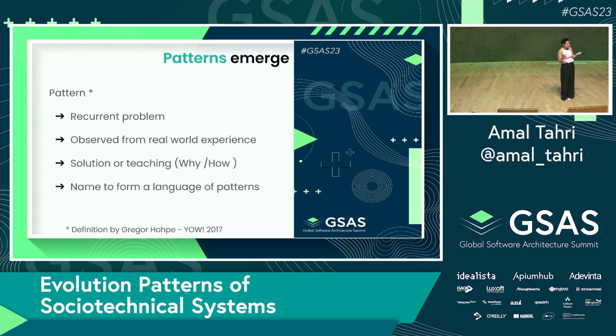This pattern is observed from real-world experience, so we all live it at some point. A pattern will give a solution or a teaching about how to observe that kind of pattern, or how you can resolve it or break the cycle. And of course, we have names to form a language of patterns.